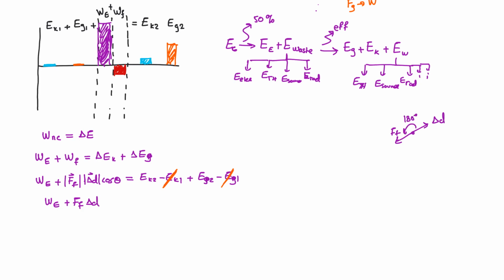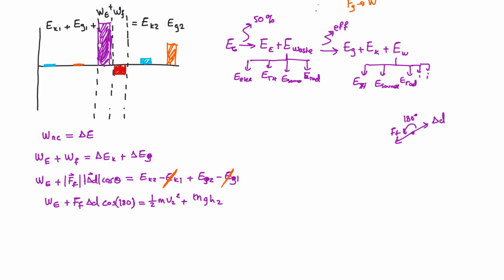So I can put that in here. That's cosine of 180. That's a bracket. And that is going to equal the kinetic energy at point 2, that's half mv2 squared, plus the gravitational energy at point 2, which is mgh2. Good.